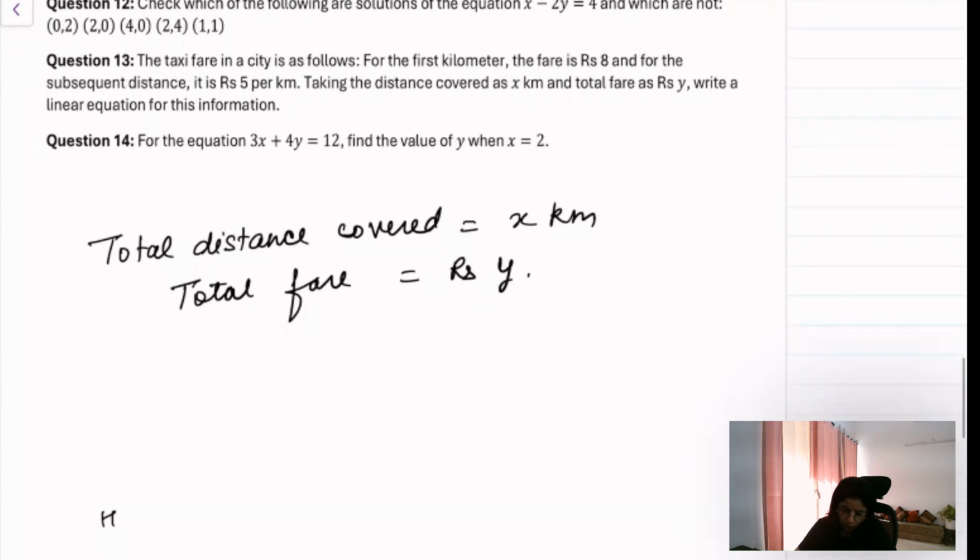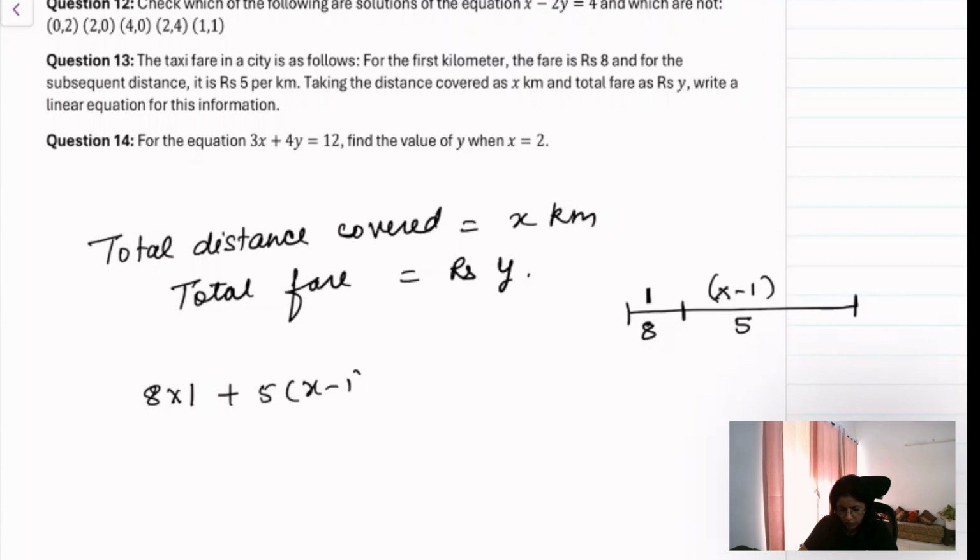Now we know if x kilometer distance is covered, for the first kilometer, the fare is rupees 8. And then for x minus 1 distance, the fare is rupees 5 per kilometer. So for x minus 1, the fare will be 5 into x minus 1. So 8 into 1 plus 5 into x minus 1 is equal to y.